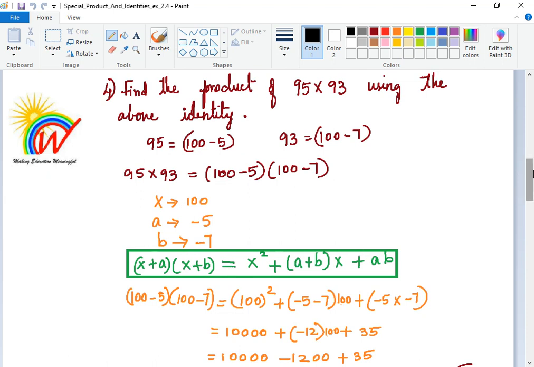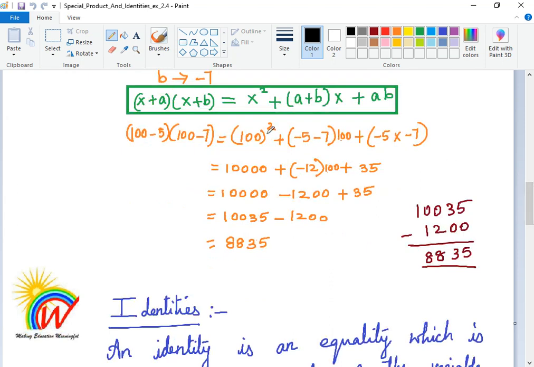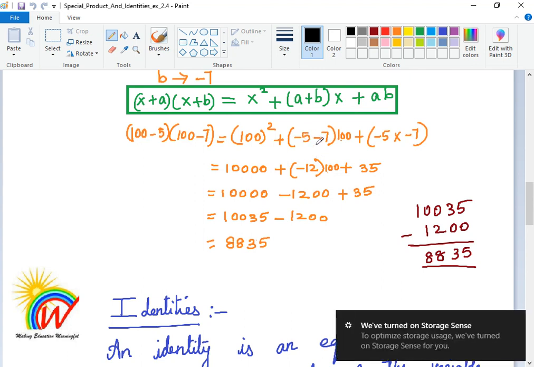So for x square, I'll put 100 square, and then I have minus 5 for the a and minus 7 for the b, into 100, plus minus 5 into minus 7. So 100 square is going to give you 100 into 100, which is 10,000. And plus minus 5 and minus 7 is going to give you minus 12, right? We are going to add both the numbers because both are having a negative sign.